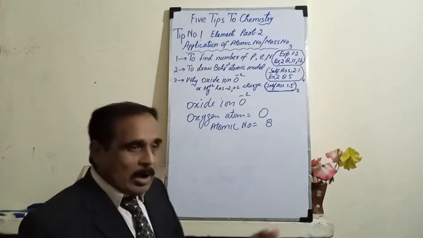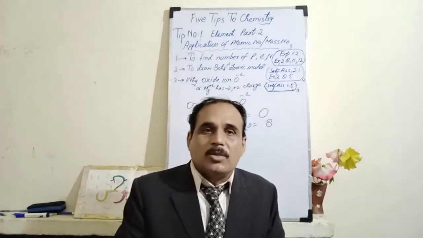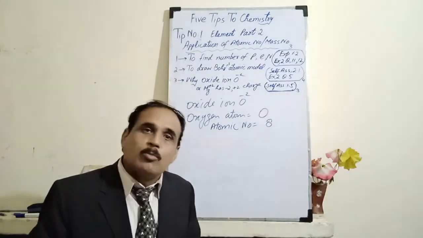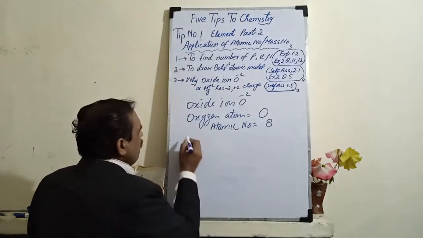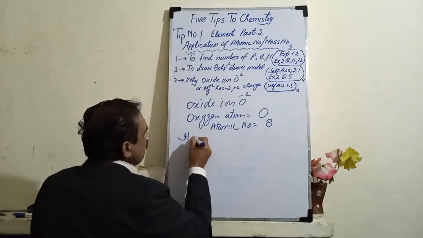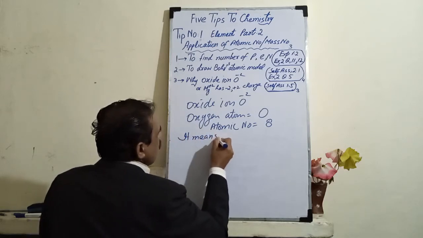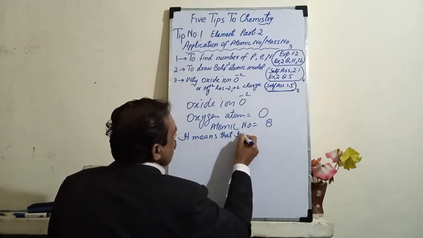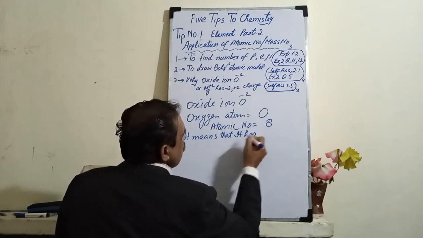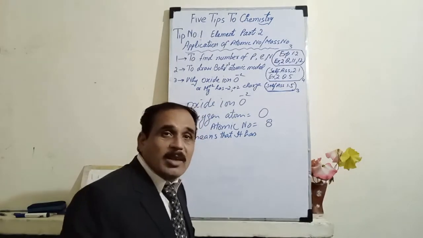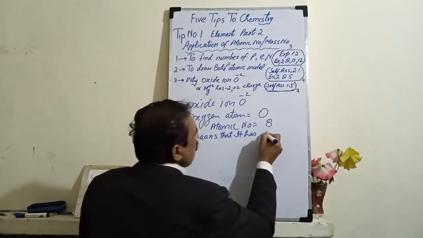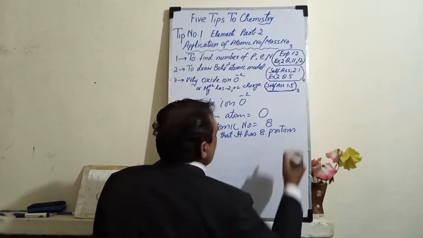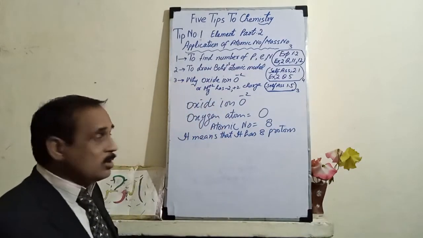I have told you atomic number means there are 8 electrons and 8 protons. It means it has how many protons? 8 protons. Number of protons 8.